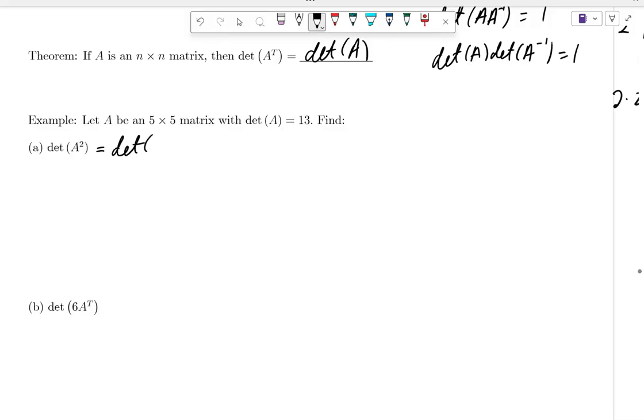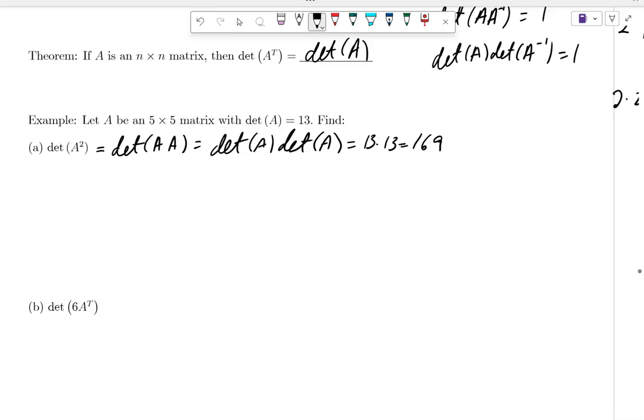Yeah, 13 times 13. Exactly. That's exactly right. You can remember we can break up determinant over a product, right? A squared means A times A. So you do determinant of A times determinant of A. 13 times 13 is 169. Does that make sense?